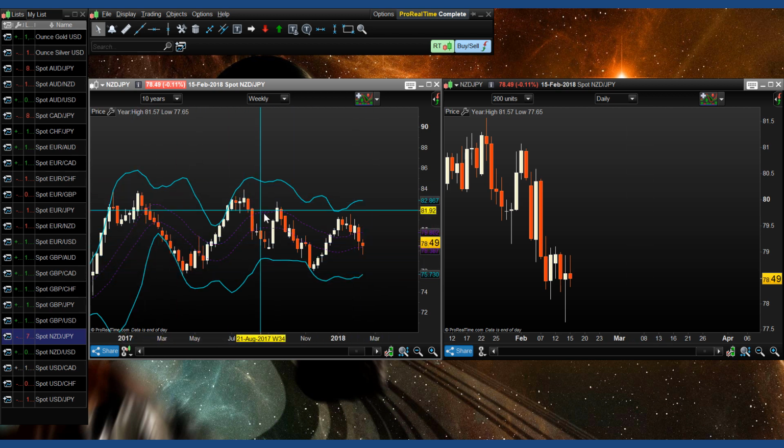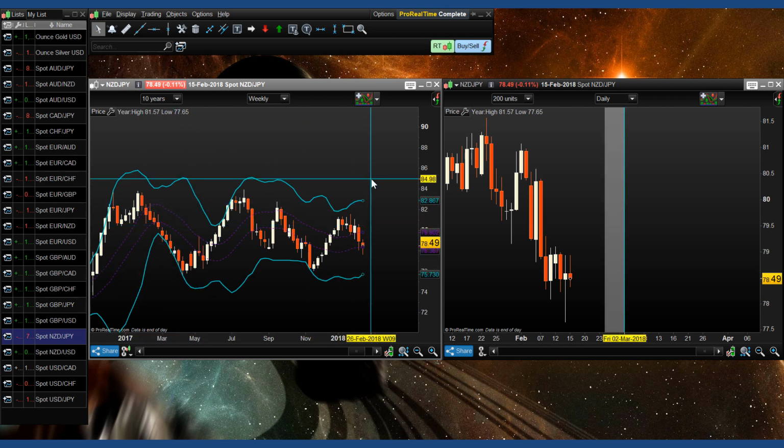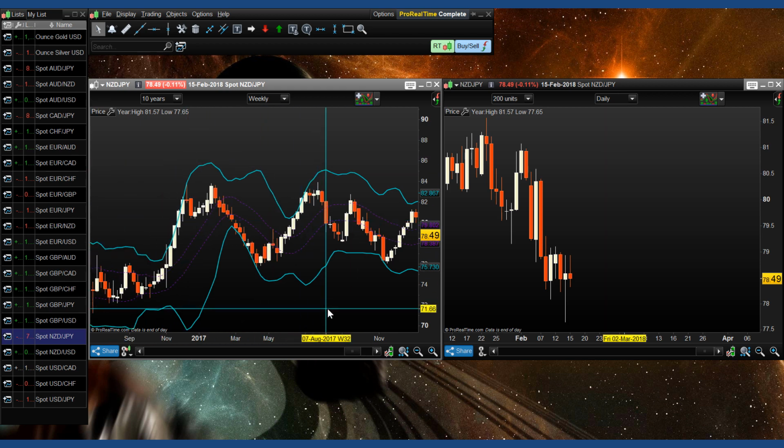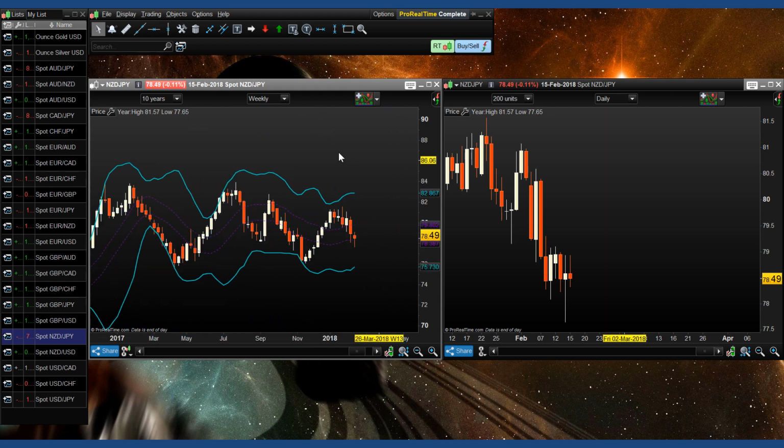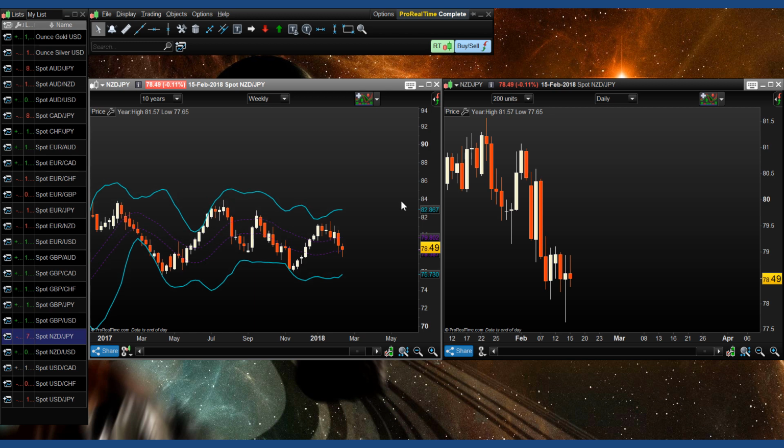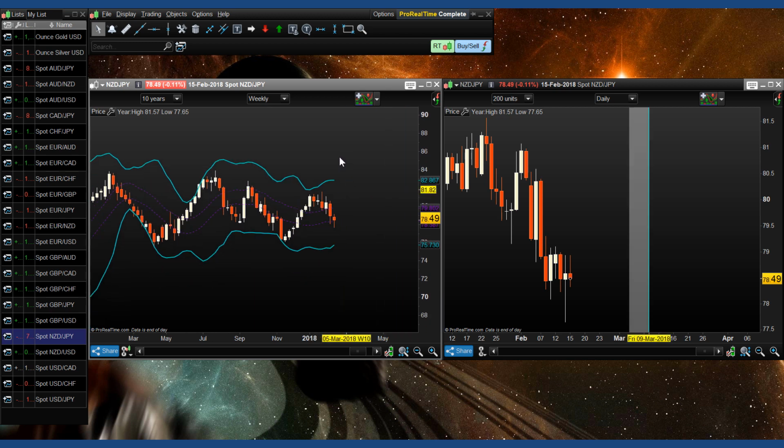This is a perfect pair for option sellers to be trading in last year. You could just sell calls above 84 and sell puts above 75, and you'll be making money every single step of the way. I'm late to the party because I didn't know about options trading last year, so let's hope it continues at least for the next 4 weeks anyway.